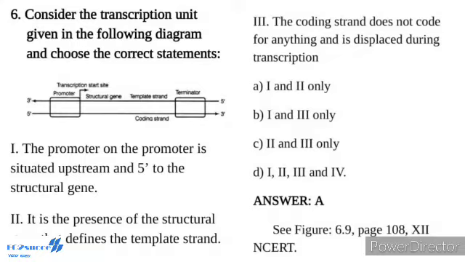Since the two strands have opposite polarity and the DNA dependent RNA polymerase also catalyzes the polymerization in only one direction, that is 5' to 3', the strand that has polarity 3' to 5' acts as a template and is also referred to as the template strand. The other strand, which has the polarity 5' to 3' and the sequence same as RNA except thymine at the place of uracil, is displaced during transcription.